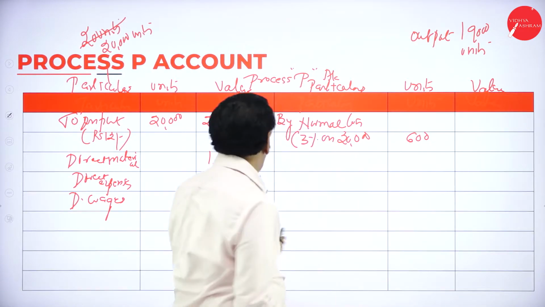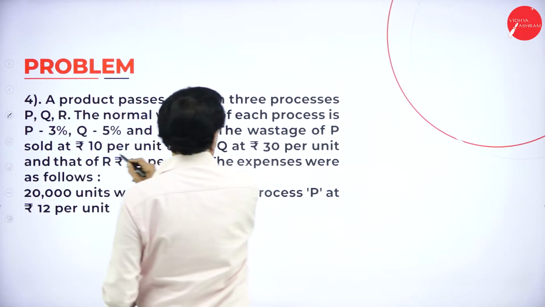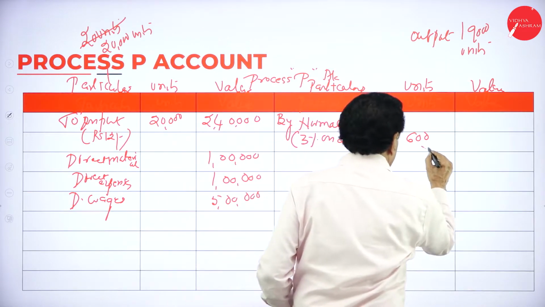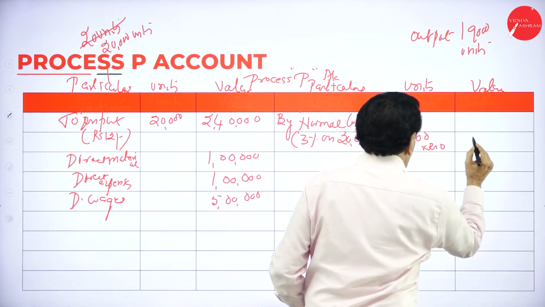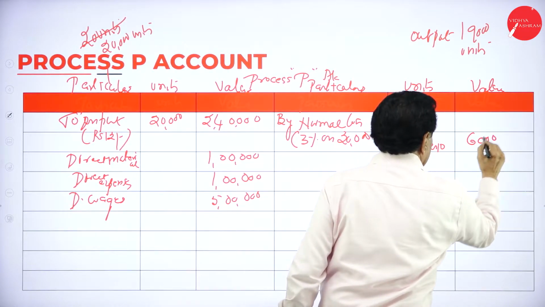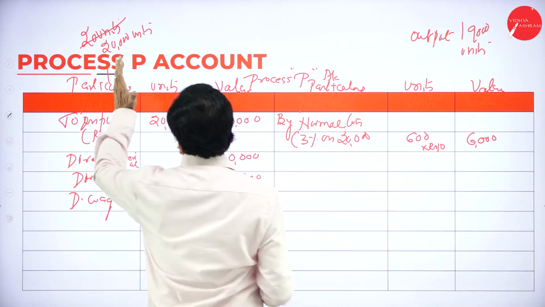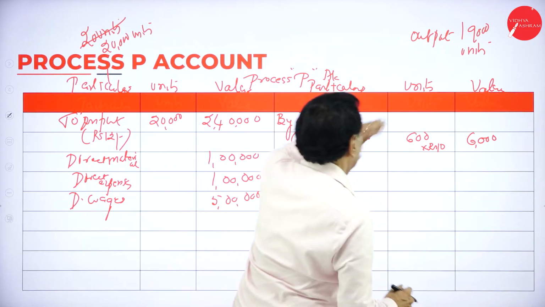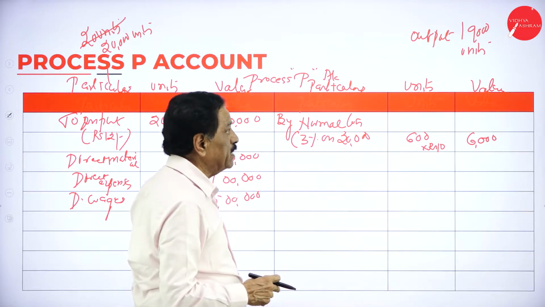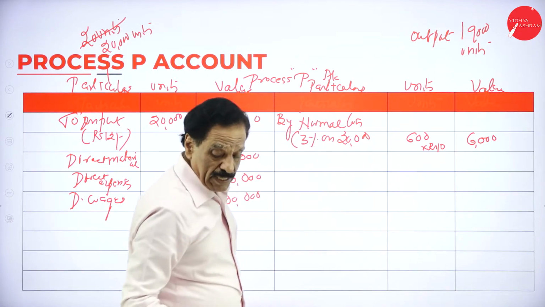Per unit is sold for how much money? Sold at rupees 10 per unit, so 600 into 10 becomes 6,000 rupees. So your input is 20,000, output 19,000. Difference is 1,000 units. But the normal loss is 600 units gone.